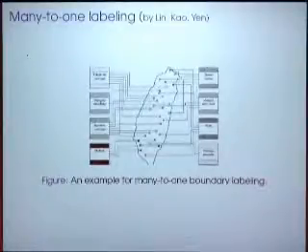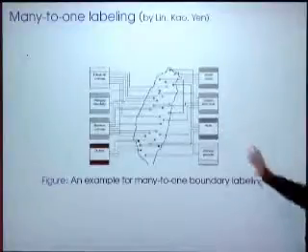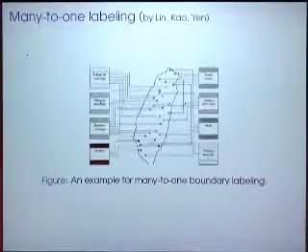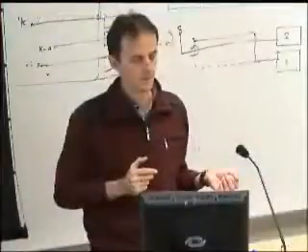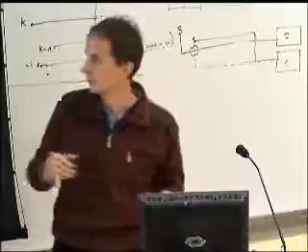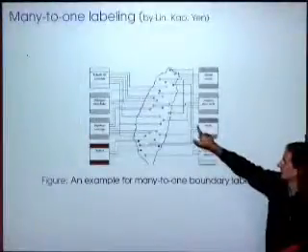There are 8 different birds, but they occur in many different places. So they consider many-to-one labeling. For example, the hawk has 4 positions.